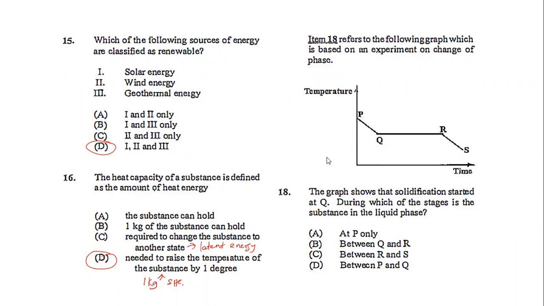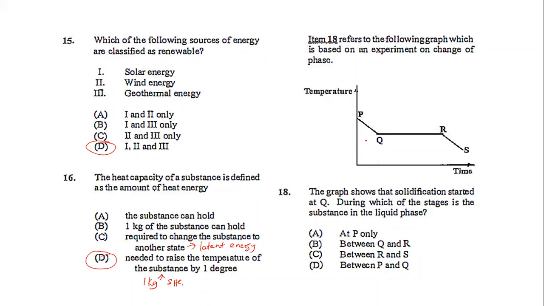Question 18. So it tells us this is a cooling curve basically. And it tells us that at Q, the substance starts to become solid.